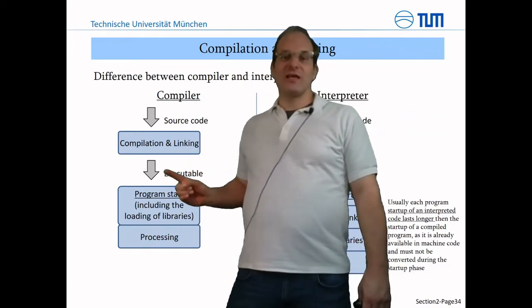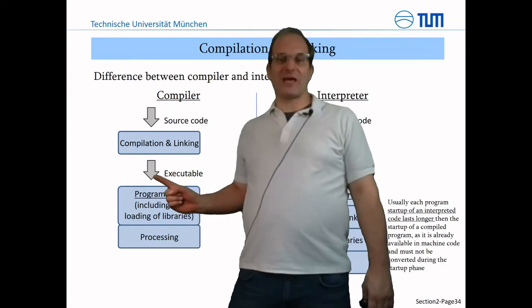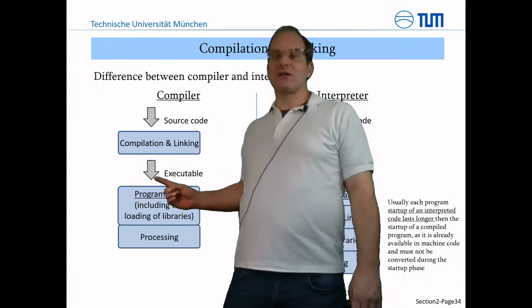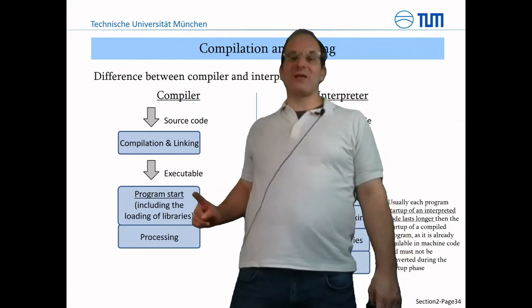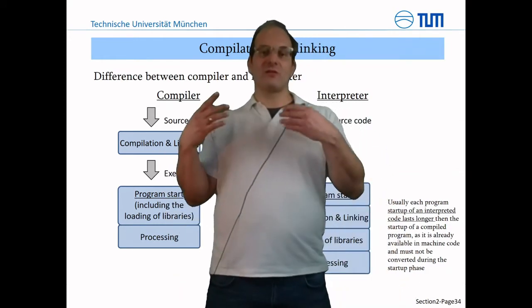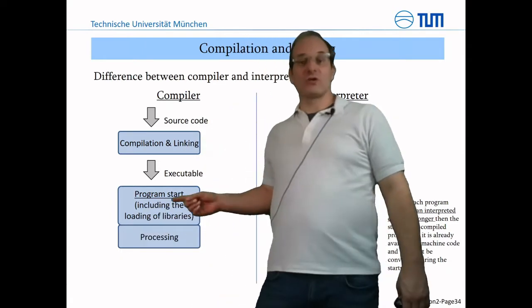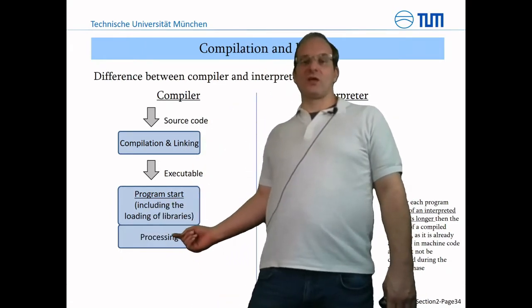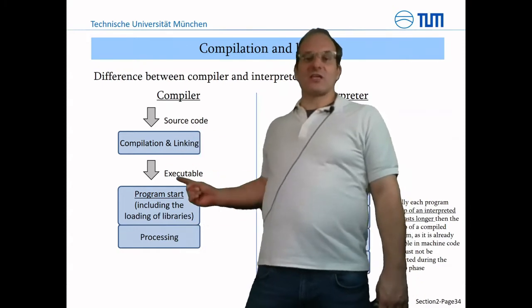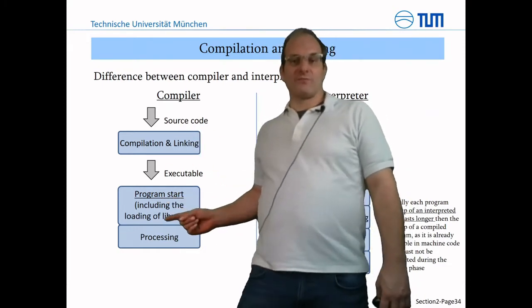Then you start the executable, so the program starts and it loads the predefined libraries, which are also already in machine code, and then processing is done. So the startup is quite fast.